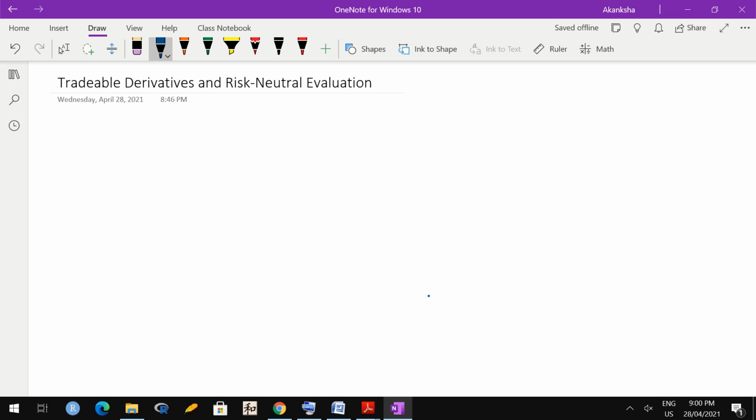So in the last lecture we have seen the definition of tradable derivative. Let me revise it once. Any derivative whose price satisfies the BSM differential equation is called a tradable derivative.